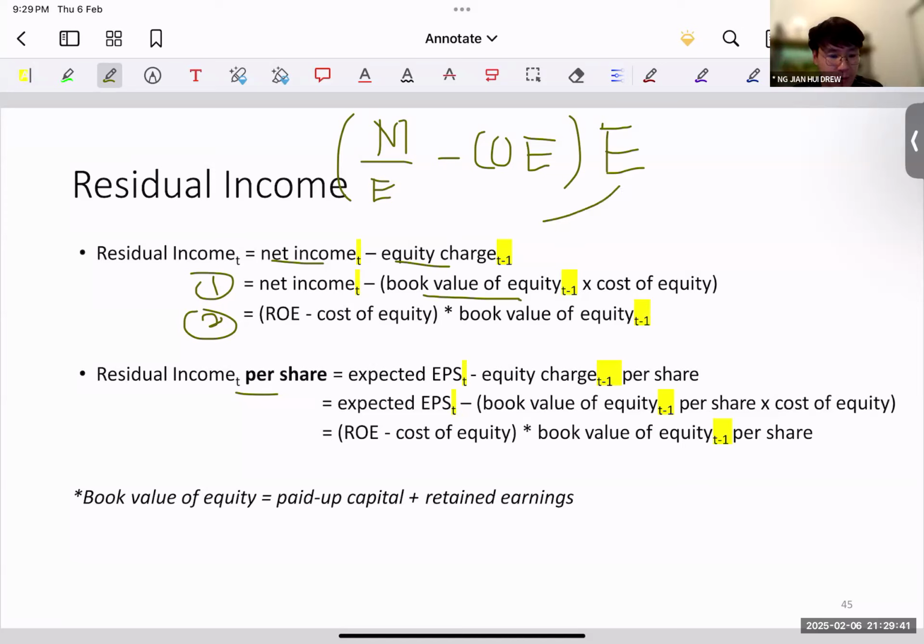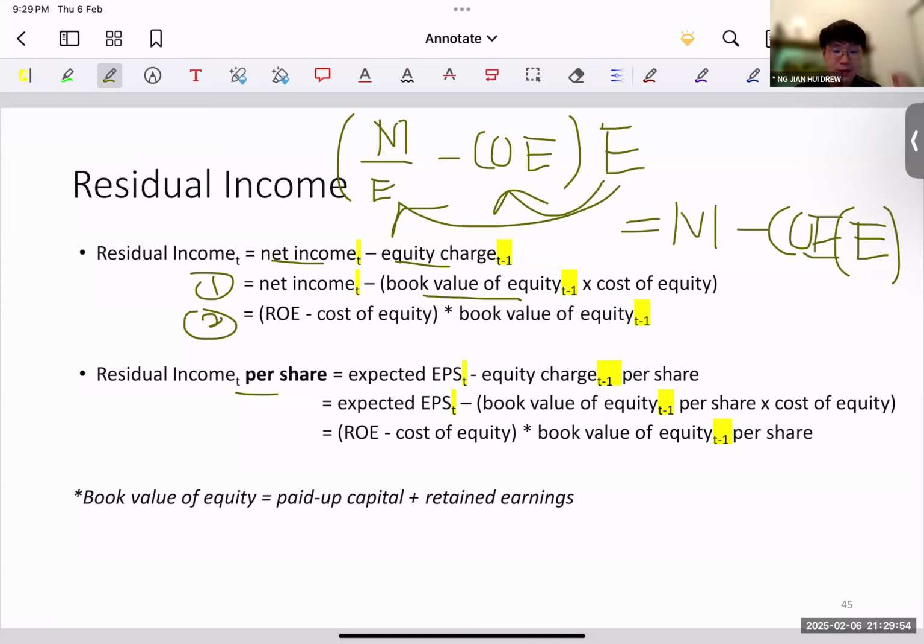So when we multiply it out like this, what does it equate to? It's net income minus cost of equity times E, right? So can you see that formulation 2 is actually the same as formulation 1. They're the same thing.